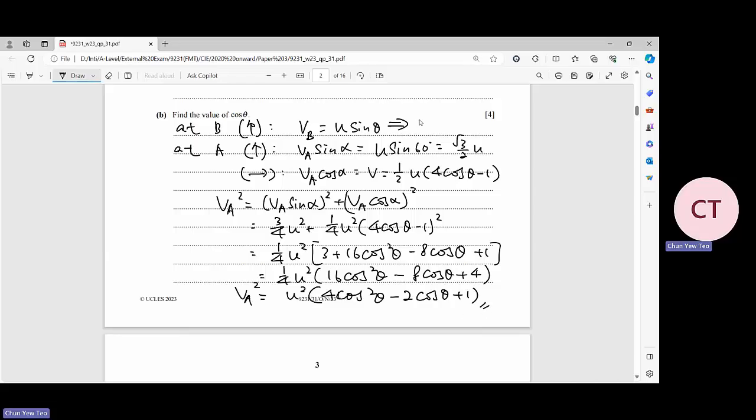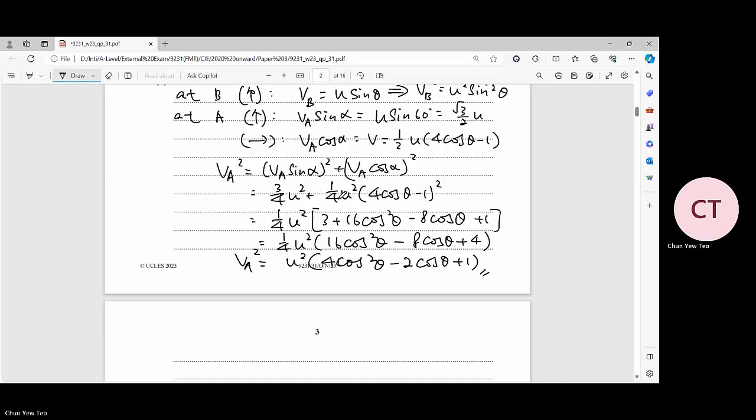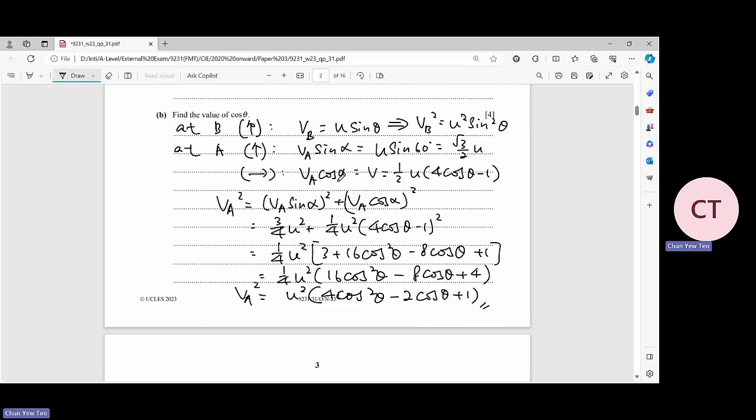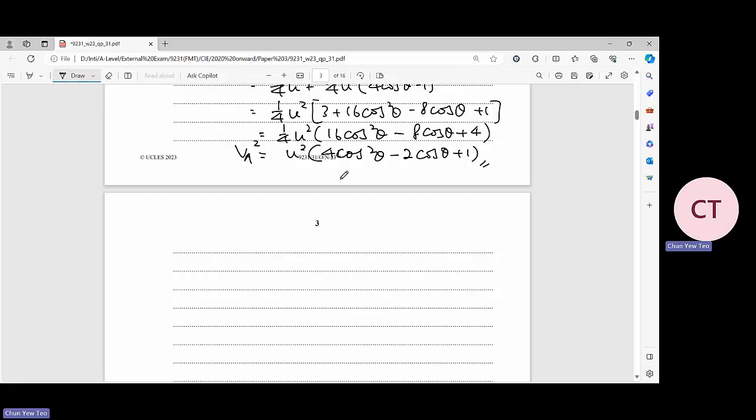And for the VB square, it's just a U square sine square theta. So we are ready with the VA square and VB square. Now we can apply the result that the conservation of energy.